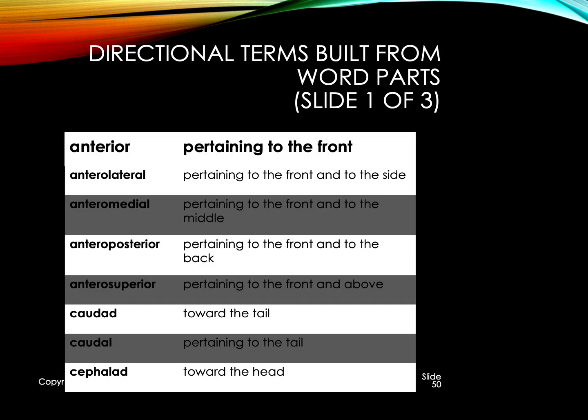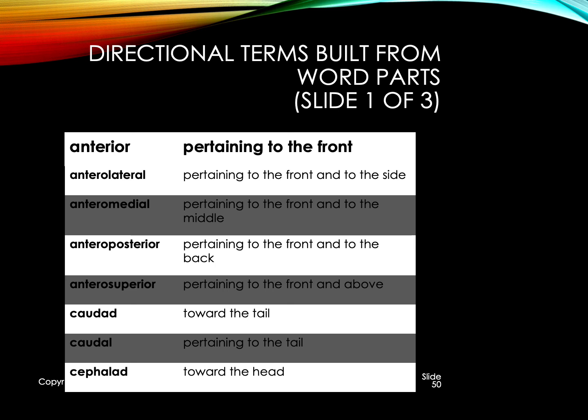Now, here are some directional terms that are built with all of these word parts that we just talked about. And the first one is anterior, again, which means pertaining to the front. Anterolateral, however, means pertaining to the front and to the side. Remember, we start at the end with the suffix al, which means pertaining to.